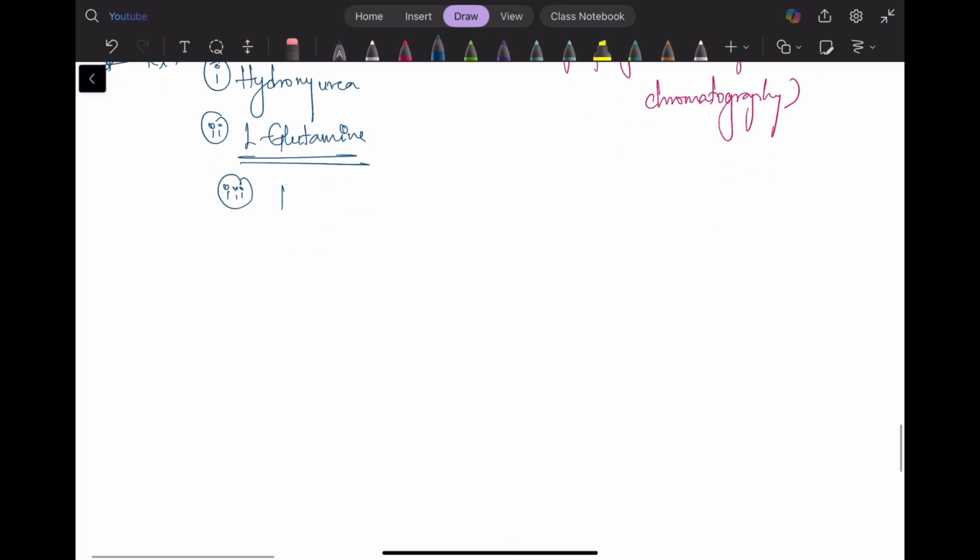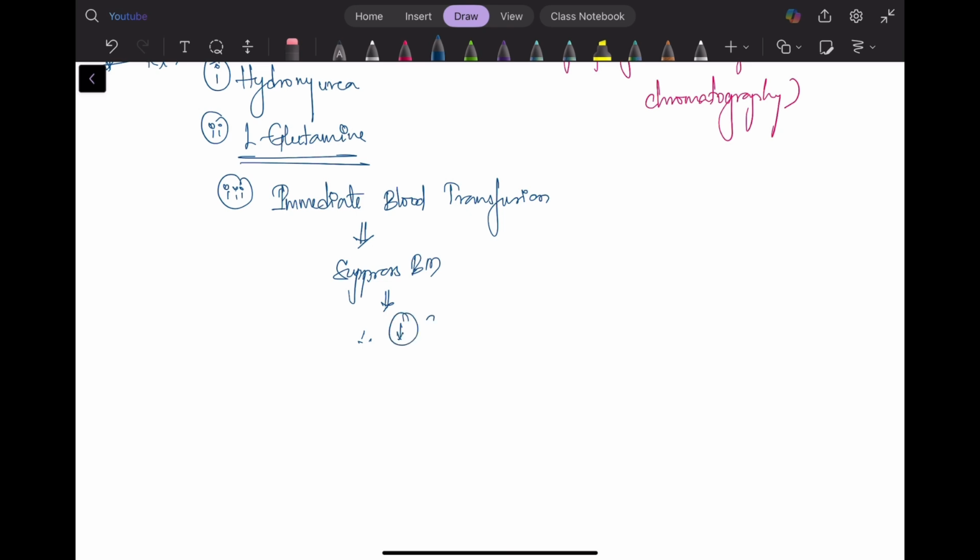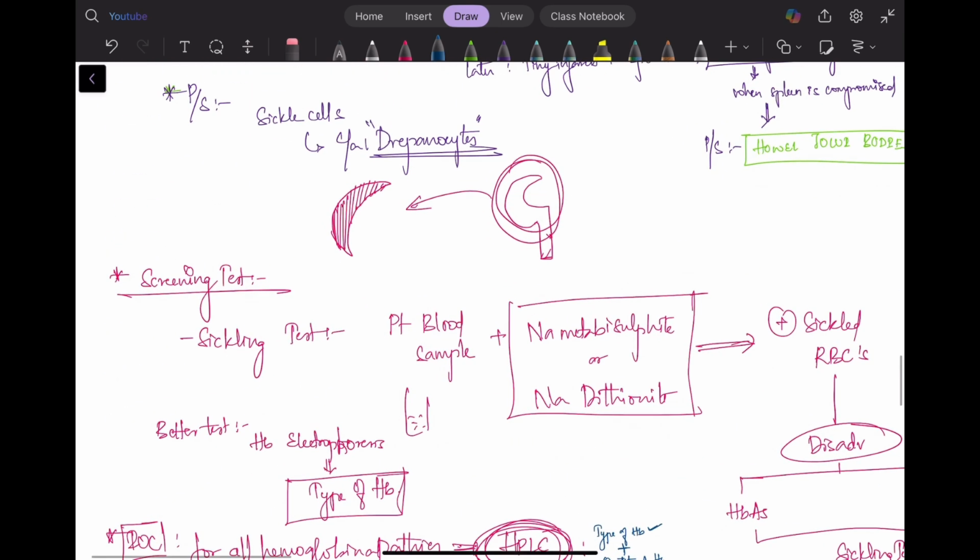Then what else? Something is happening in your blood, so you have to give an immediate blood transfusion, so that it will suppress your bone marrow, which was the main reason leading to production of sickle cells, thereby reducing sickle cells. I hope that is clear.